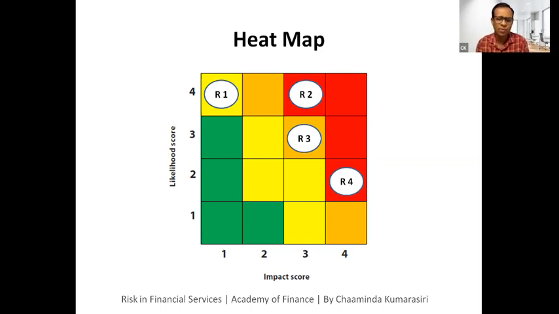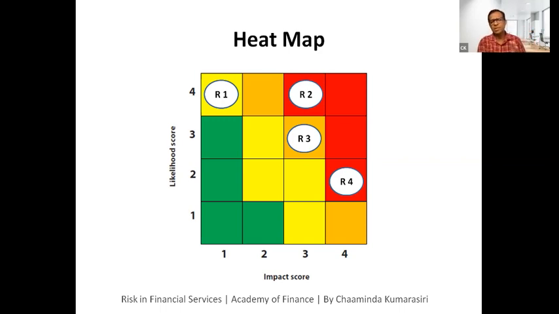The chances of occurrence you can identify, and then you have a grid there. The impact score can be based on the financial value: up to 100,000, 100,000 to 1 million, 1 million to 50 million, 50 million plus. Likewise, you can have cutoffs. Now, all these are estimates based on what the organization wants. There is no hard and fast rule, there are no universally accepted cutoffs here. It's just a methodology.